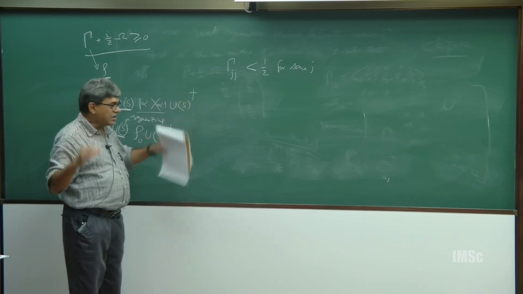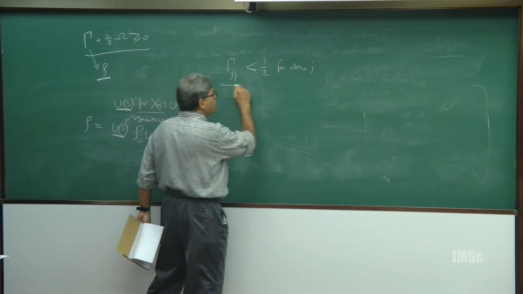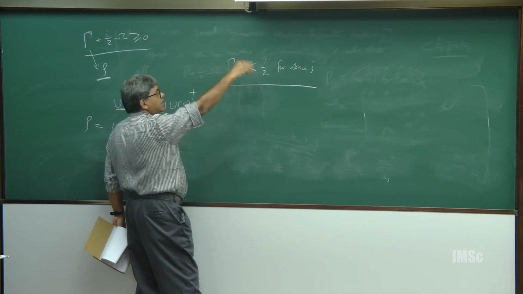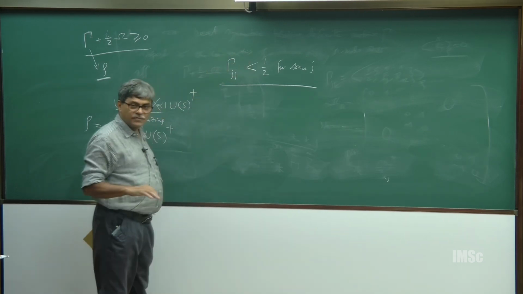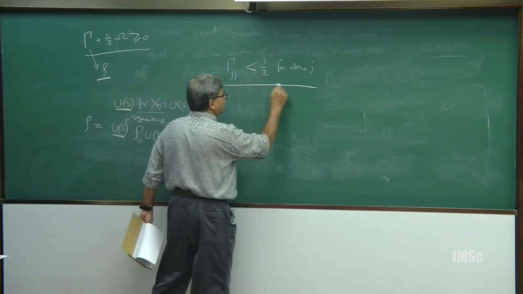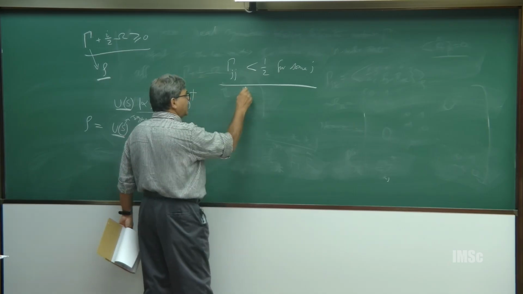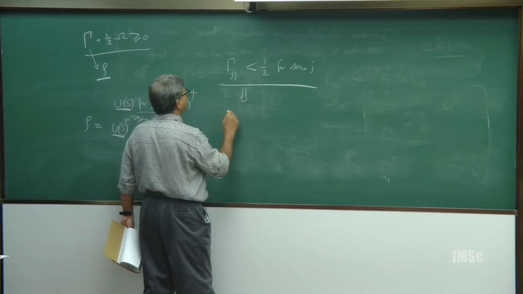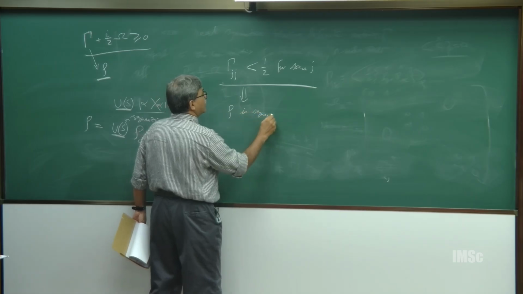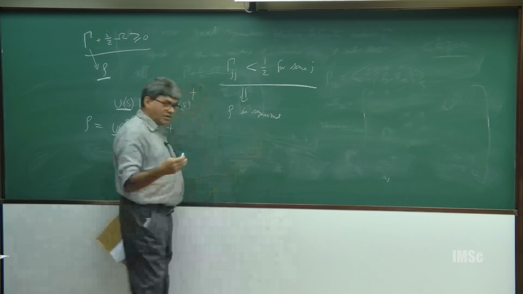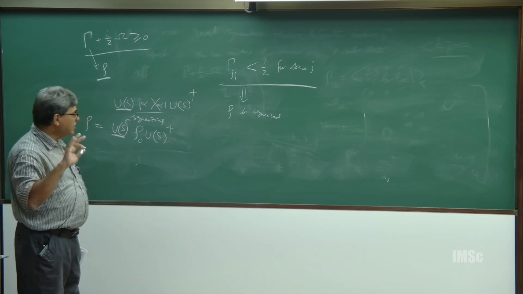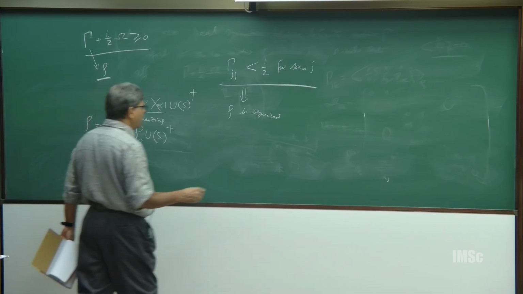So, if for one j this happens, of course, it cannot happen for all j, because then it will violate the uncertainty relation. If this happens for some j, then we say that this rho is squeezed. Whether it is squeezed vacuum, squeezed coherent state, squeezed thermal state, squeezed rotated thermal state, etc., one can figure out, but some amount of squeezing is there.